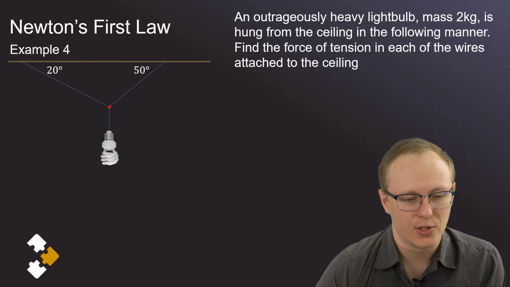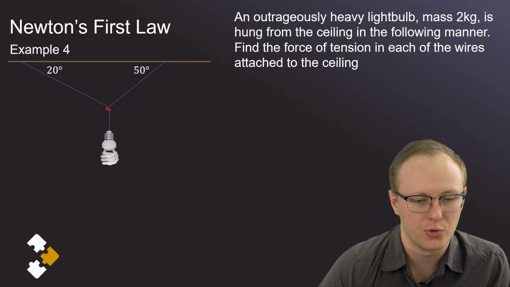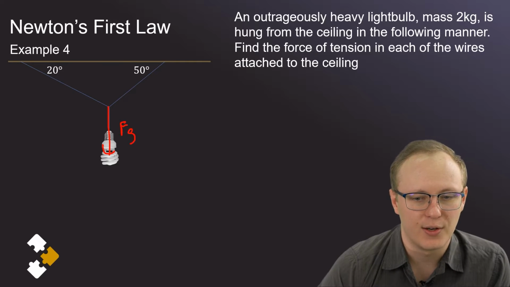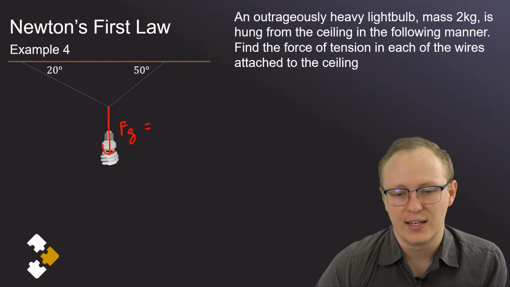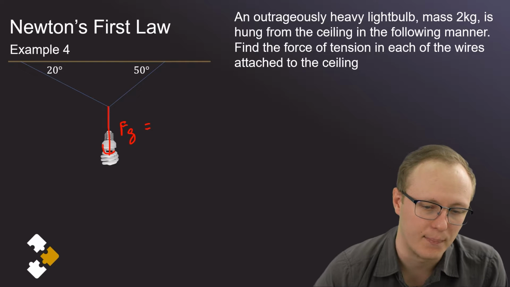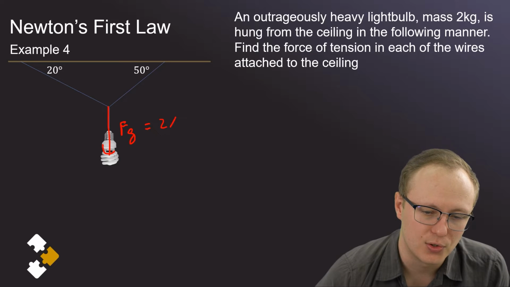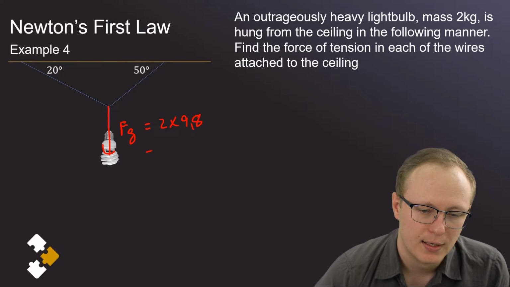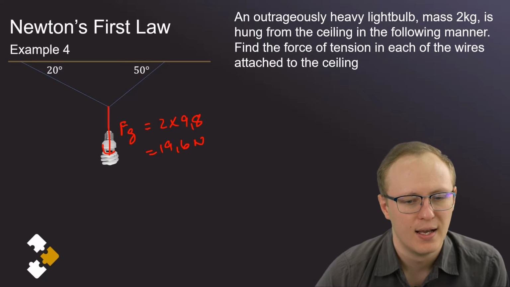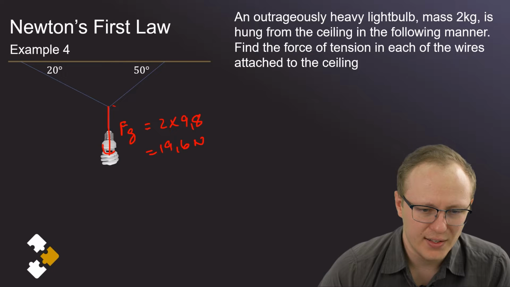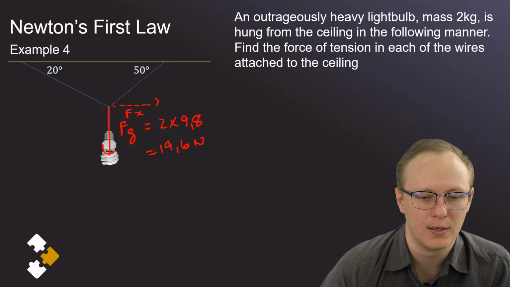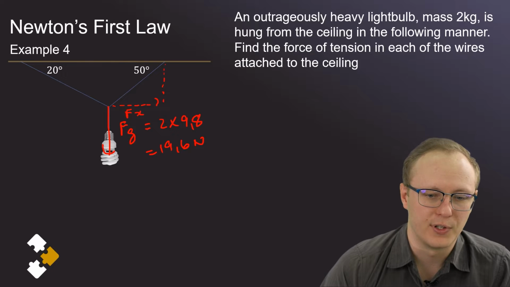So I'm just going to draw that as the dot for my free body diagram. I've got the Fg going down here, and this I can calculate because I know it's an outrageously weighty 2 kilogram light bulb. So 2 times 9.8 is going to be 19.6 newtons. Fantastic, right? And then I know that I'm going to have an x component and a y component for the tension.